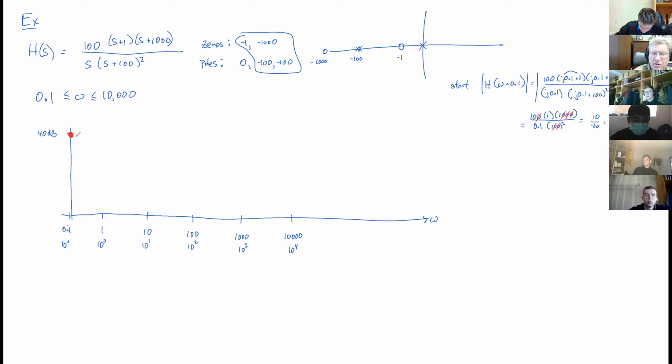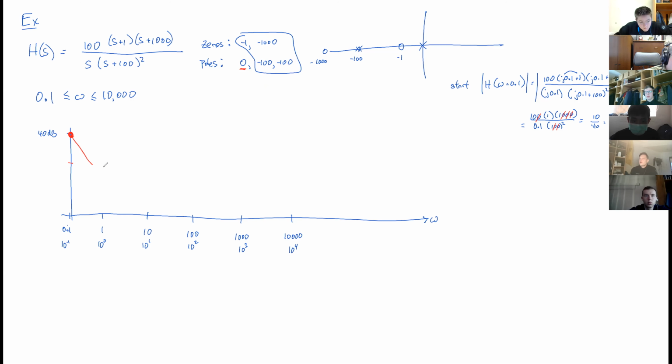I was taking notes on that last little bit. I think it's going to go down. That's right. Because we have a pole at 0, we have a root at 0, and that root is a pole. It's going to start by going down.